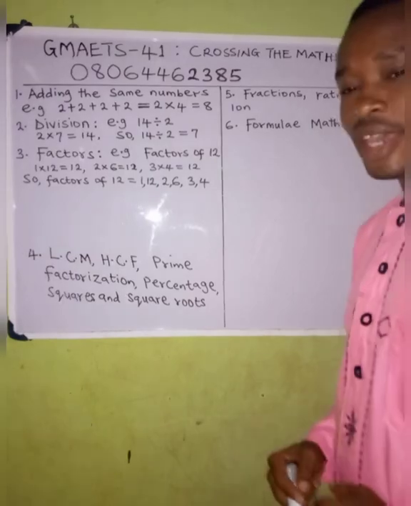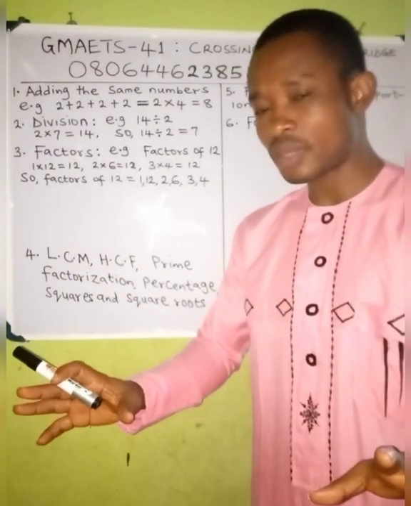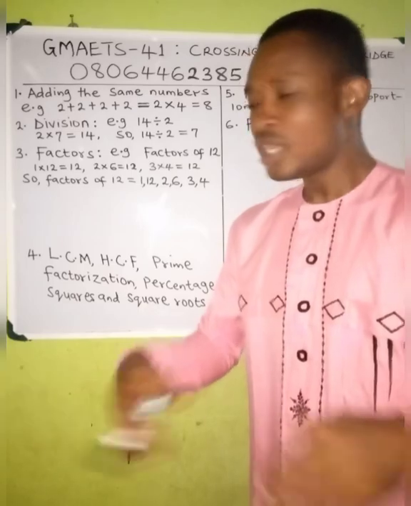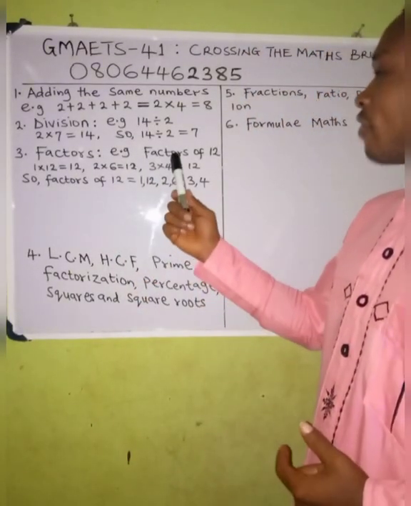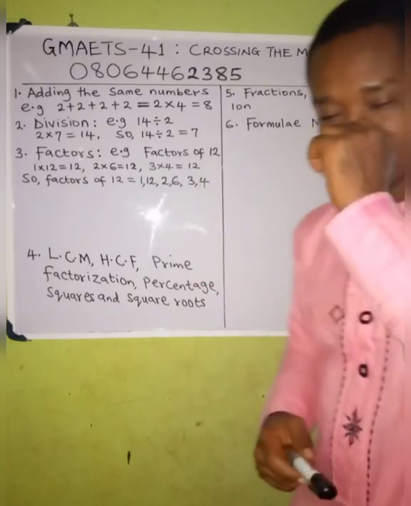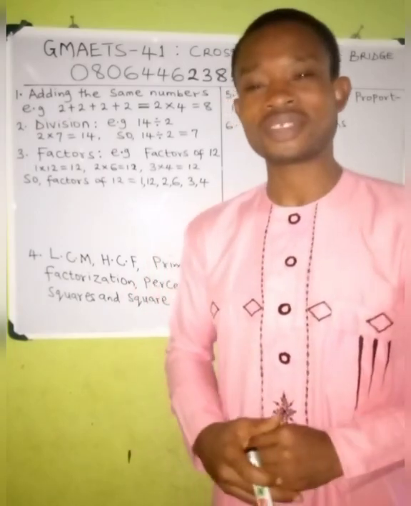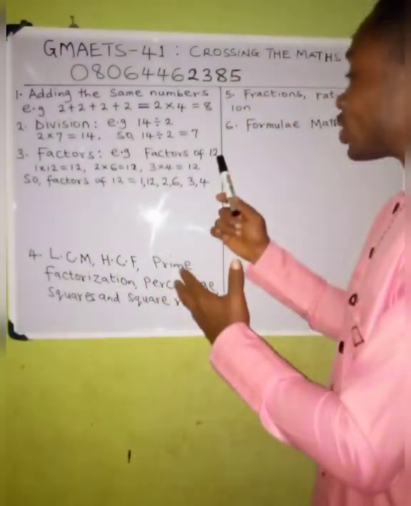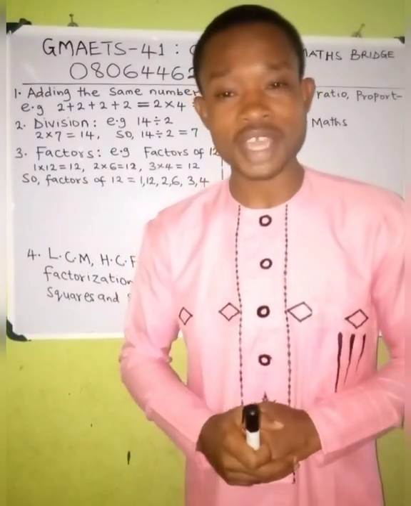Please, look at the board again. Factors. Another very important topic in mathematics. Imagine that somebody gives you the question, find factors of 12. How does multiplication help you here? To get the factors of 12, all we need to do again is to visit our multiplication table.